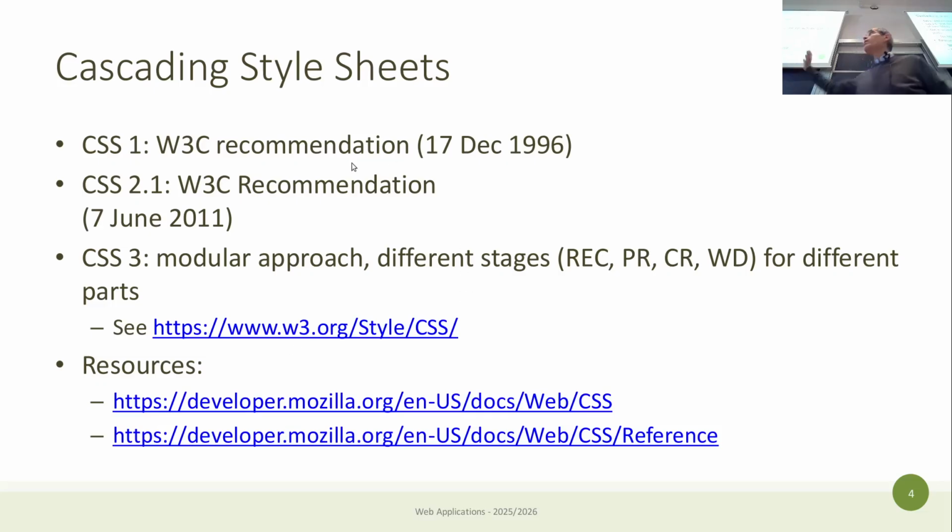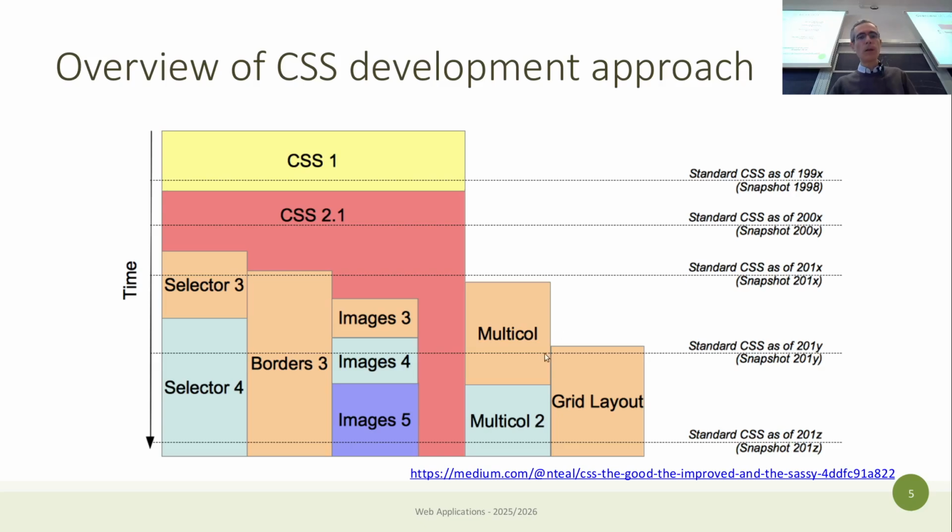So CSS, again, it's a standard, a W3C recommendation. We are at version 3, which is, again, like HTML5. There is sort of CSS4, but it's a living standard. It also has different parts and different stages for different parts. There is some part dedicated maybe to animations, some part dedicated to images, to layout, and so on.